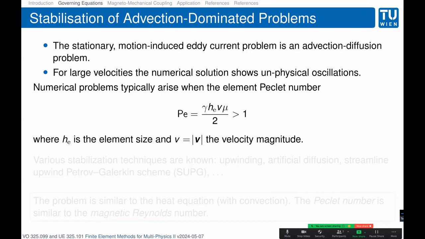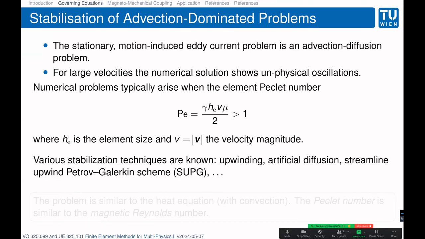This can be predicted by the element Peclet number, which is in fact very similar to the magnetic Reynolds number, because it represents a balance between diffusive effects and the advection velocity. If you have element Peclet numbers larger than 1, you will likely get numerical problems or instabilities. Here h is the element size, the velocity enters, and the diffusivity, so the material parameters for magnetics enter.